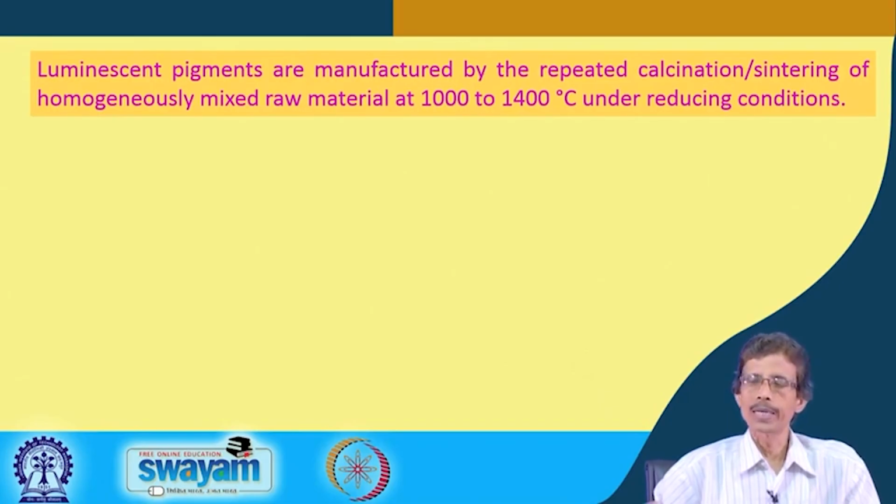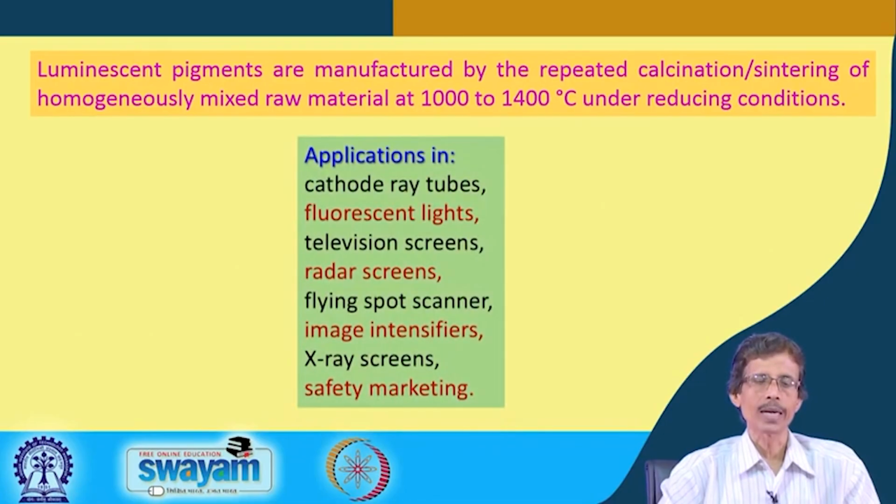If we are not happy, we can take out the sample and analyze it for homogeneity. And the temperature, as I already told you, is in the range of 1000 to 1400 degrees centigrade under reducing conditions, because we want a reducing atmosphere.